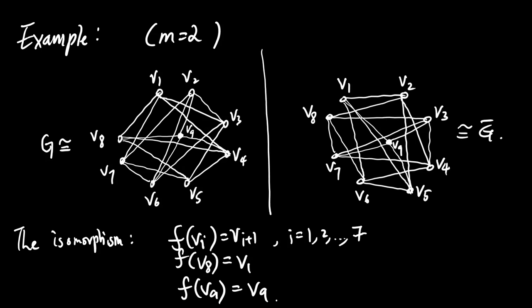This gives us a regular graph where every vertex has degree 4, and using a similar mapping, we can show it is isomorphic to its complement. So we've just constructed a 4-regular, self-complementary graph with 9 vertices.